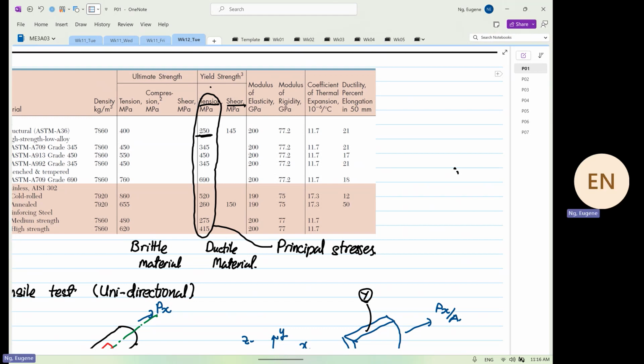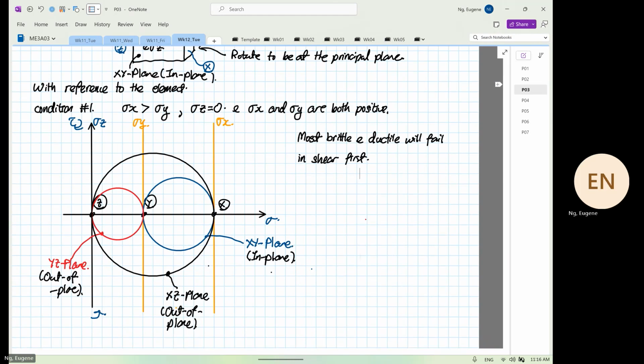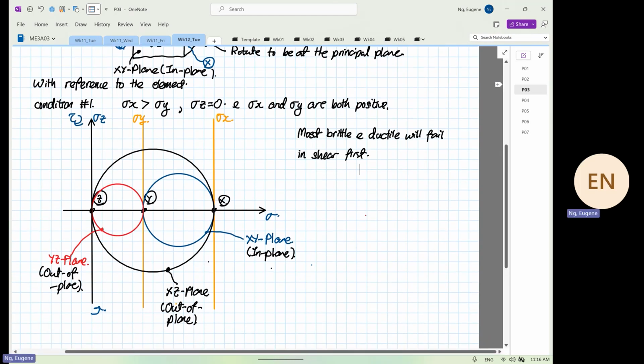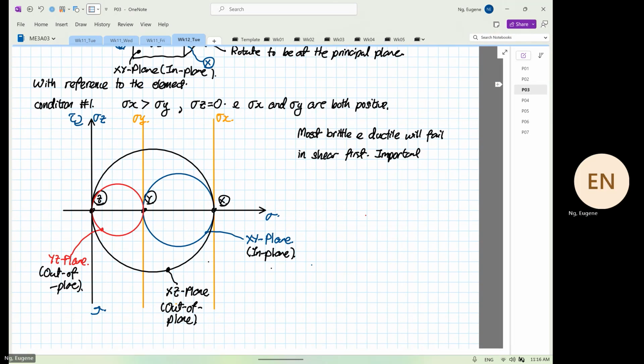So from here, it is important to determine the maximum shearing stress.